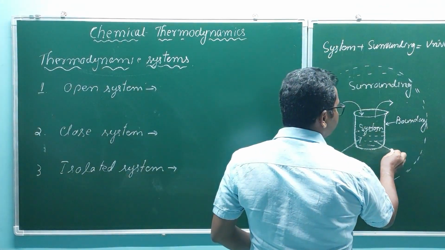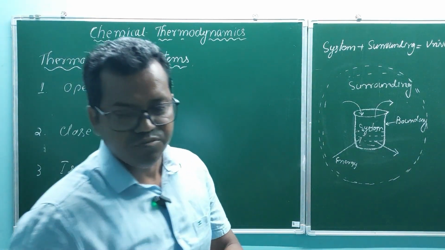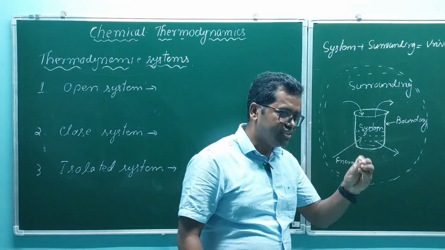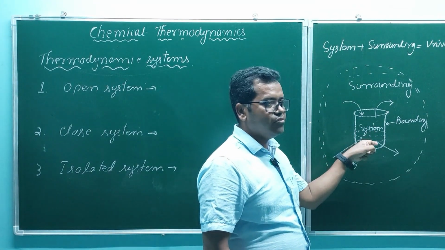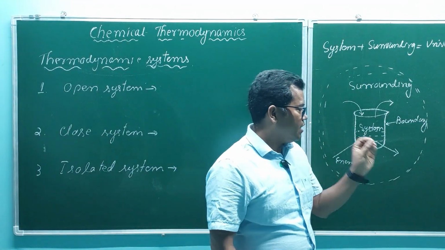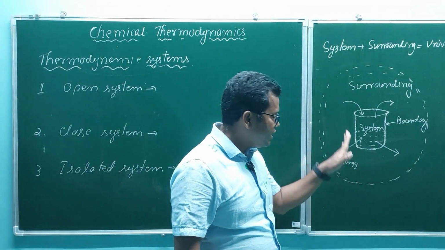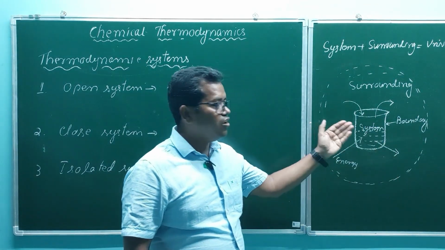We can remove heat energy from the system. Now, definition: what is the open system? A system which can exchange both energy and matter with its surrounding is called an open system.